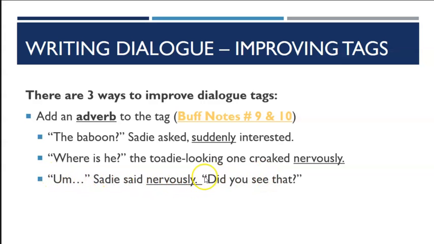"Did you see that?" So again, the nervously is telling us about how I said it, because this is really just an interjection, right? And so how she said it is important, so nervously adds to that. And then of course we have the period and then the capitalized D in "Did" for the second part of that dialogue, okay?